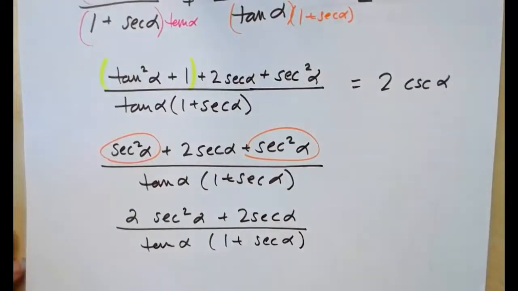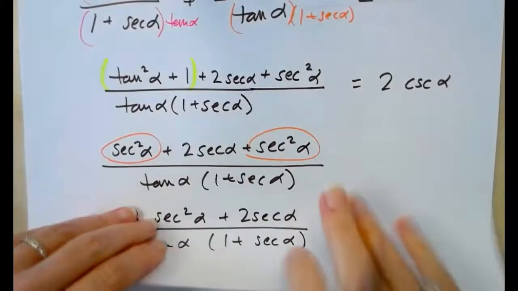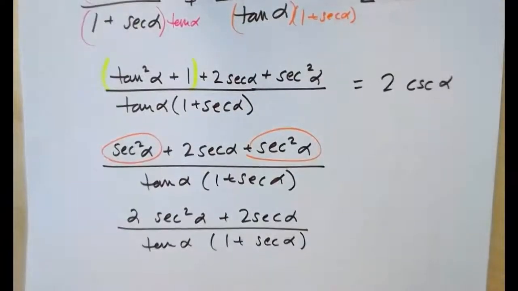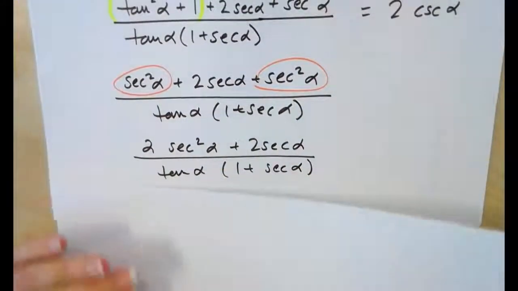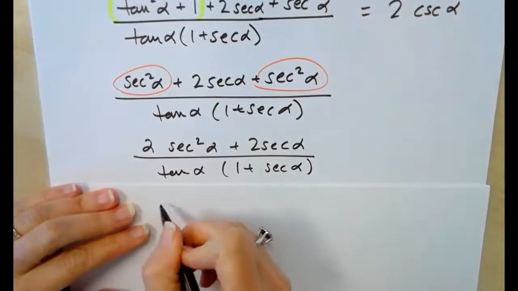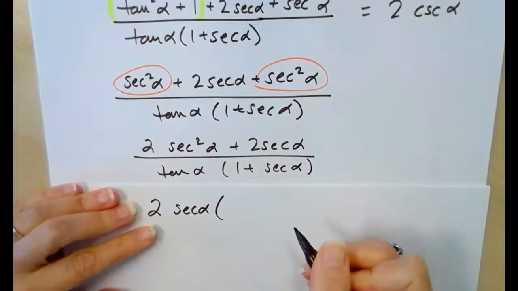Look at that numerator and see that common factor of secant alpha. So let's take it out and get down to some paper. So here we go. Take out that common factor. That common factor is 2 secant alpha. So what's going to remain?